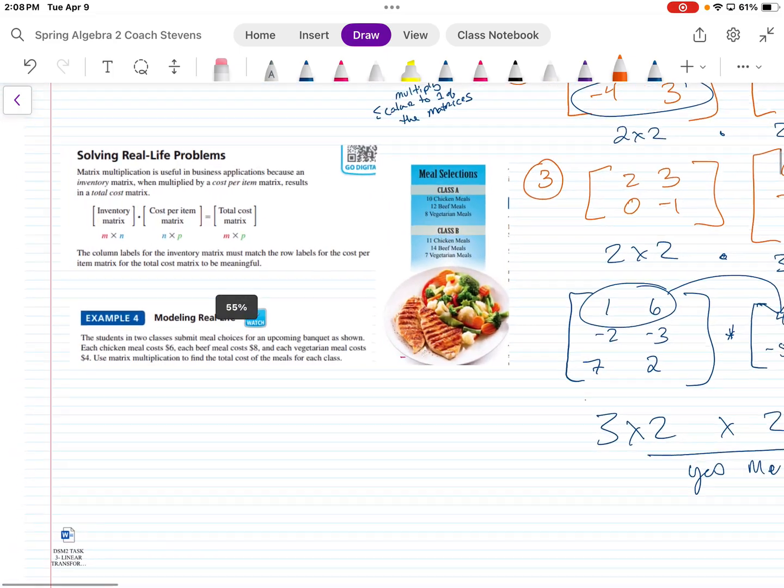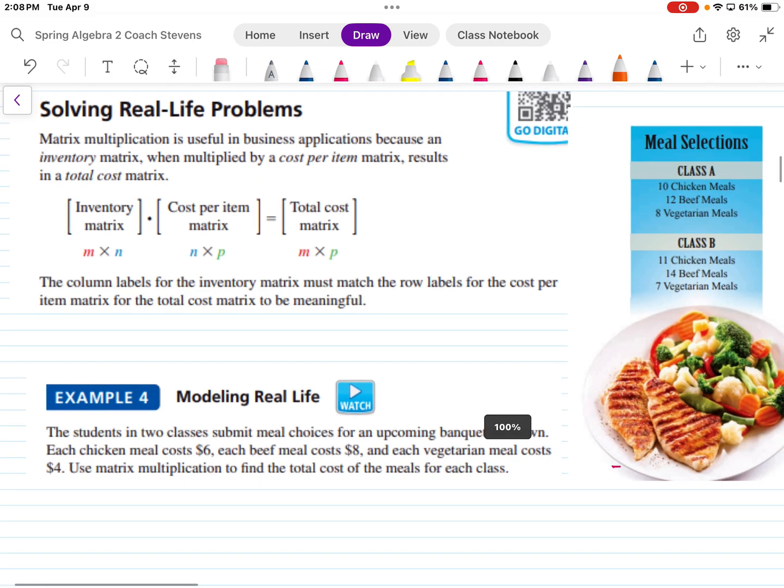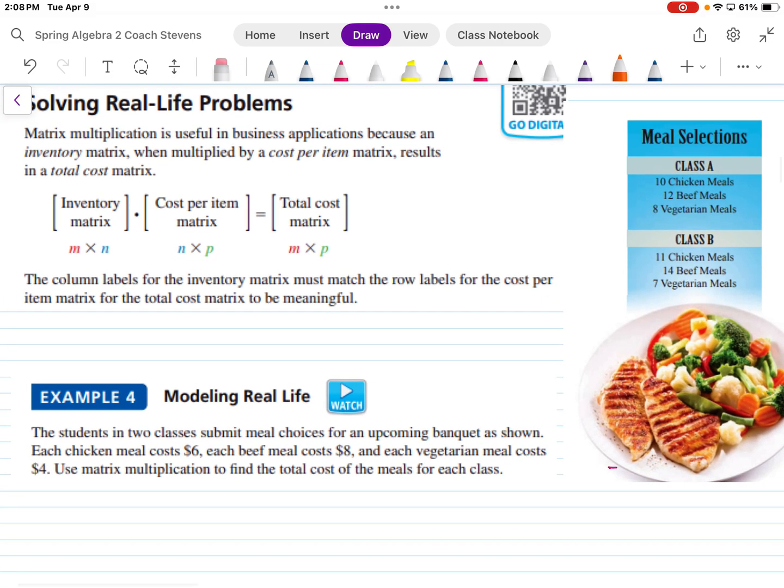We have one more problem, and I always sneak in word problems because that's real life. Now, I understand that in real life, you guys aren't going to break out your calculator and create a matrix to do things, but we could.